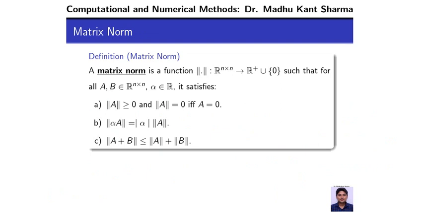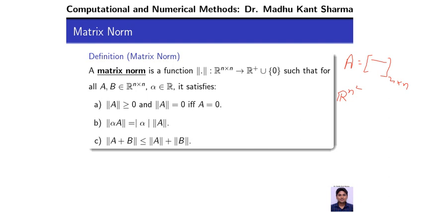A matrix is something arranged in a structure, and we are only looking at square structure, so n cross n matrices. It belongs to R n cross n, which can also be looked at as R n square, meaning you continuously push the first row, then the second row, third row, and so on.